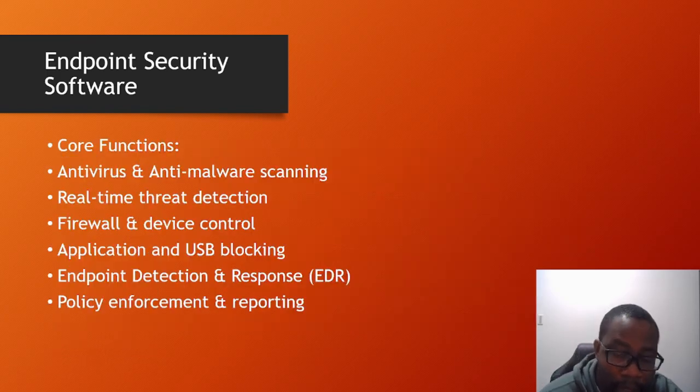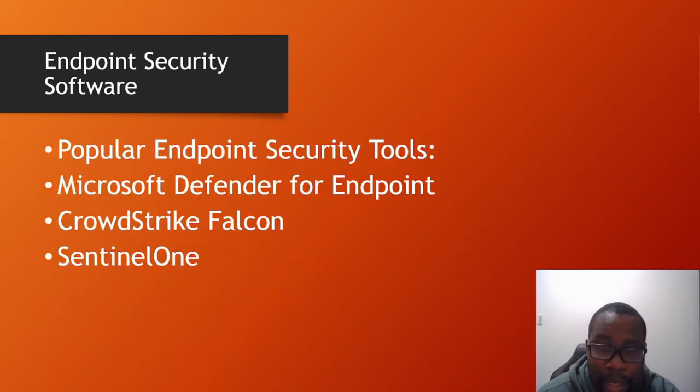So core functions, as I said before, your antivirus, anti-malware, firewalls, real-time threat detection, application and USB blocking, endpoint detection and response, and policy enforcement and reporting. And some examples of popular ones are Microsoft Defender, as most people know who've tinkered around with their Windows device, CrowdStrike Falcon, SentinelOne.